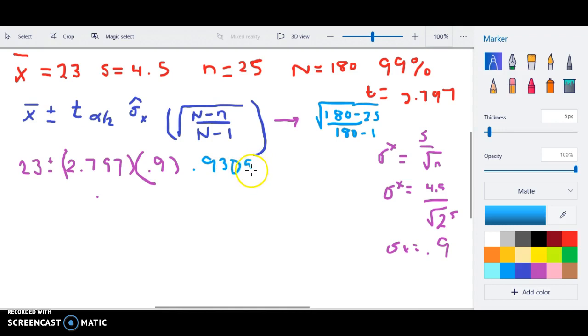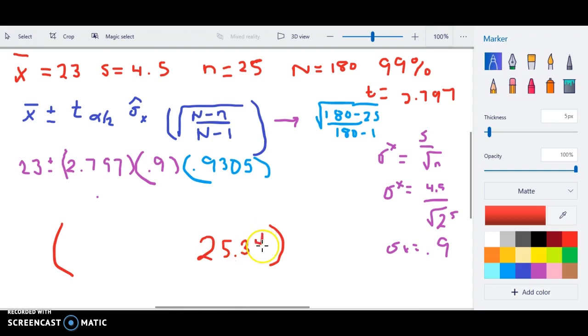So we're going to put this in the calculator. Let's do the plus first, and that will be our upper limit. If you put 23 plus 2.797 times 0.9 times 0.9305, I believe you get 25.34.